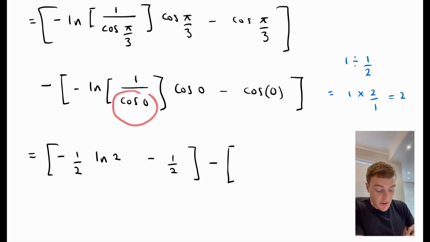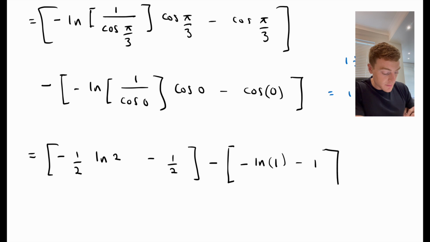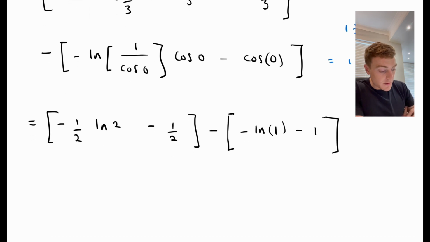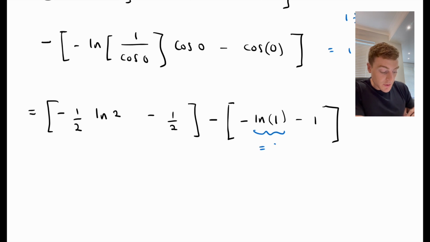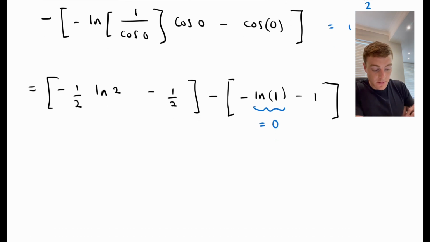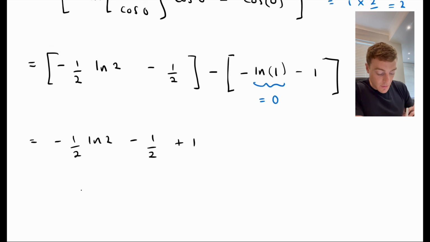Cos 0 is just 1, so that's going to be minus ln 1. Again, cos 0 is 1, minus 1. Well, ln 1 is 0, as you'll start to spot from repetition of questions, or you could just put that in your calculator. So tidying things up, we get minus a half ln 2 minus a half plus 1, which leaves me that my integral is equal to minus 1 over 2 ln 2 plus a half.